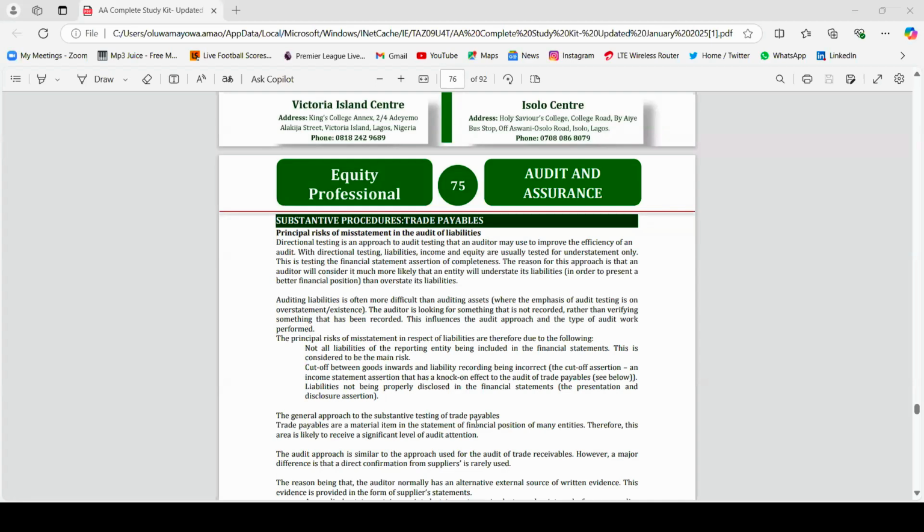Now, it's very difficult testing for liabilities because the risk is that they are not declaring everything in the books. So the auditor has to be attentive, careful, and have what we call an inquisitive mind, which is professional skepticism, looking beyond the books to detect whether they have declared all they are owing.